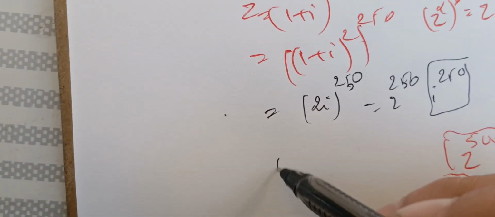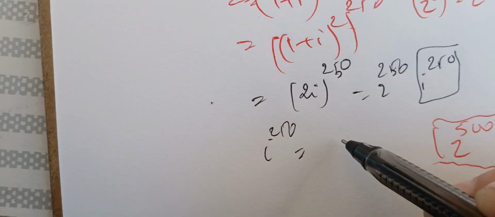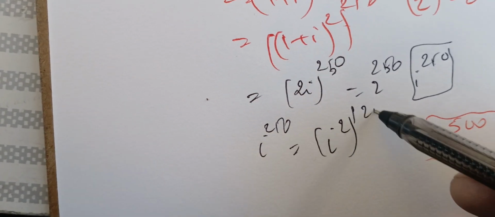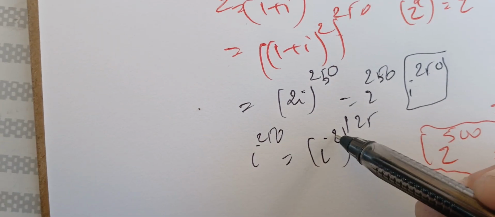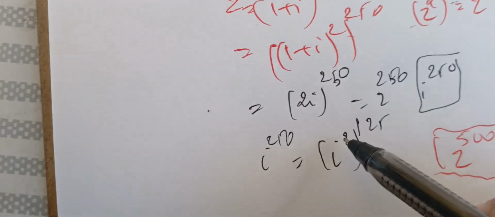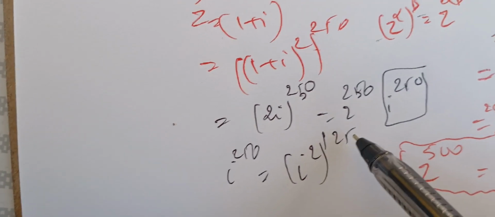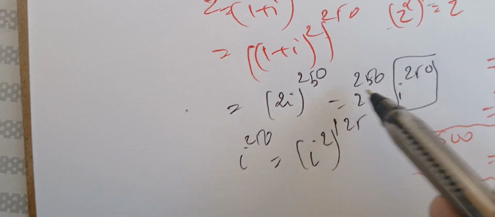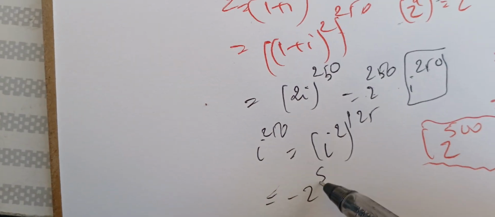So what is i to the power 250? It's i to the power 2 to the power 125, because I'm using this rule again with z as i. So i squared is minus 1. Minus 1 to the power 125 is always minus 1. Therefore, I have the same thing, minus 2 to the power 250.